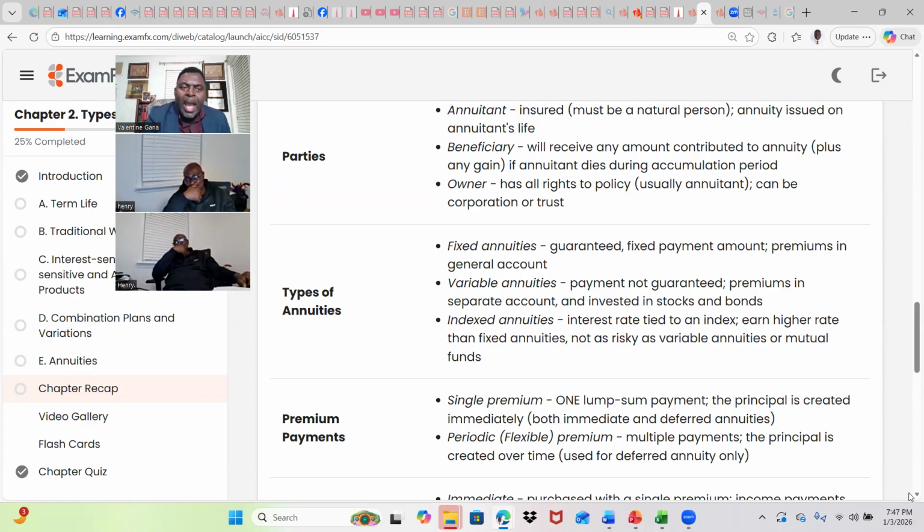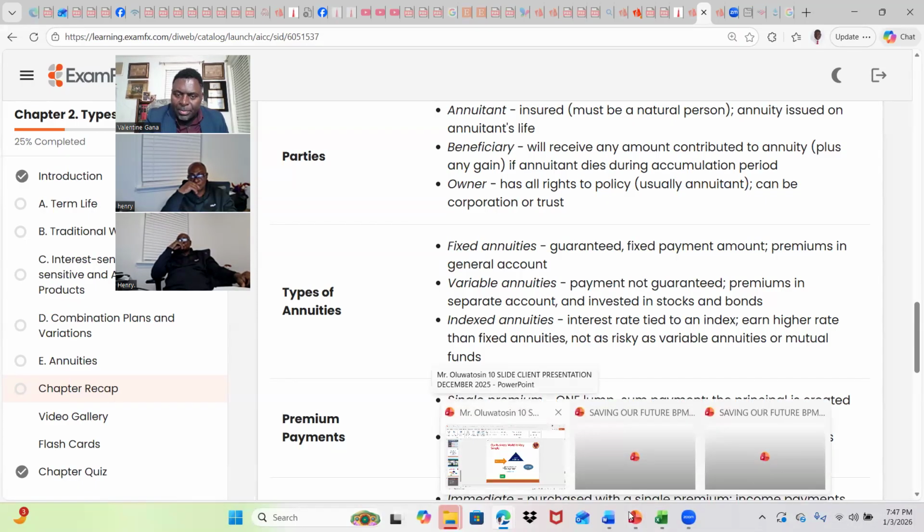So you're right. However, there are some annuities that continue after they start paying you, and I'm going to show you an example here of a real life annuity that I wrote for a client.